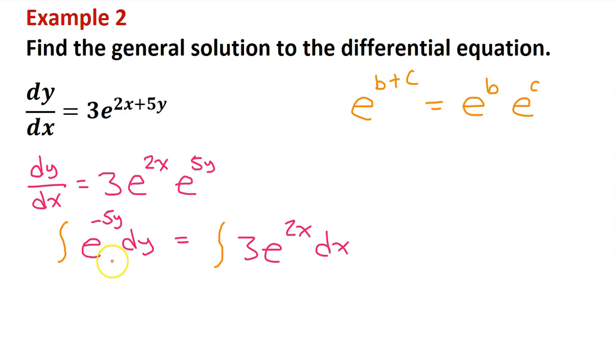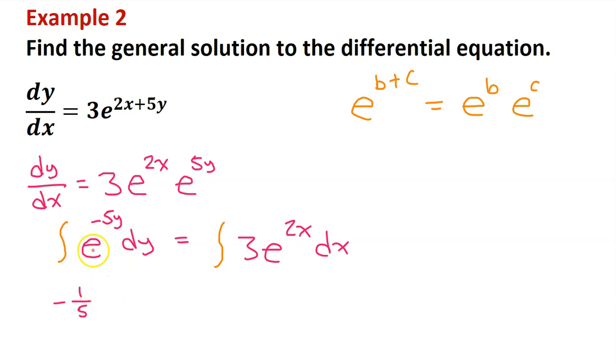On the left side, I'm going to do a mental u substitution. U is negative 5y. U prime is negative 5. We can integrate with respect to u instead of y as long as we divide by u prime. So I need to divide by negative 5 by putting negative 1/5 out in the front.